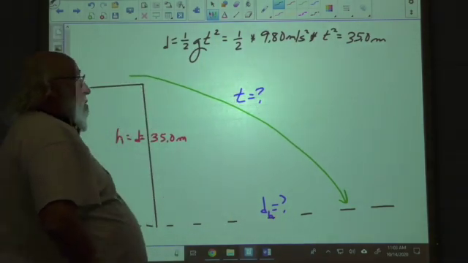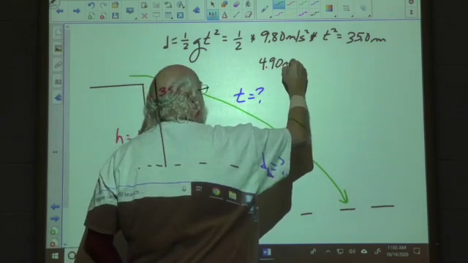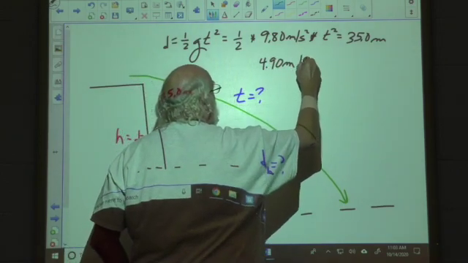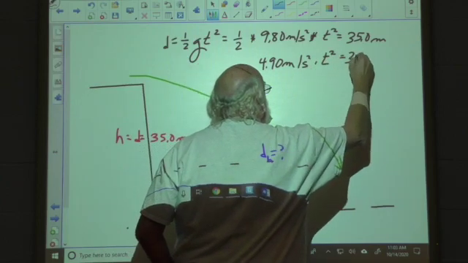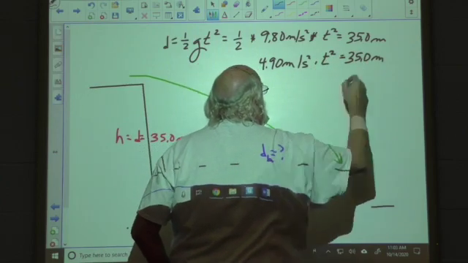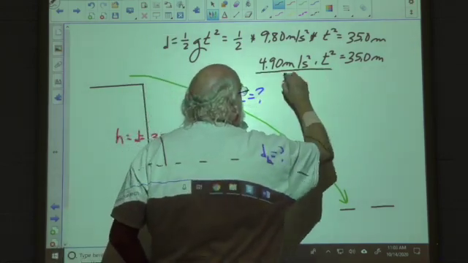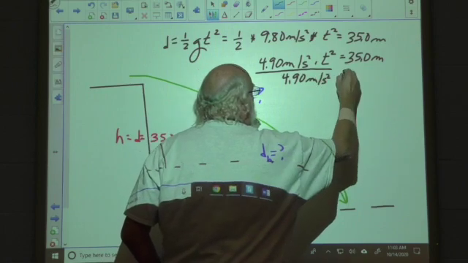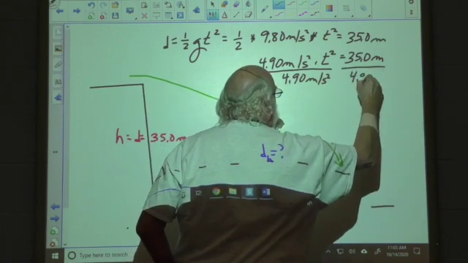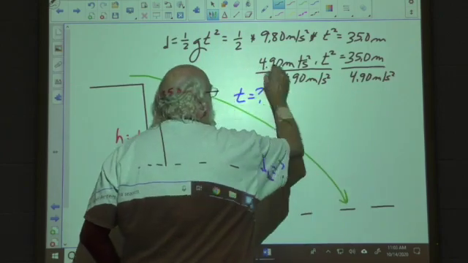So we go through the mathematics for this. This is 4.90 meters per second squared times t squared equals 35.0 meters. We're going to get t squared by itself, so we're going to divide both sides by 4.90 meters per second squared. That cancels out there.